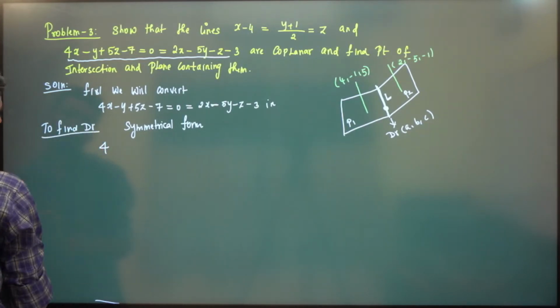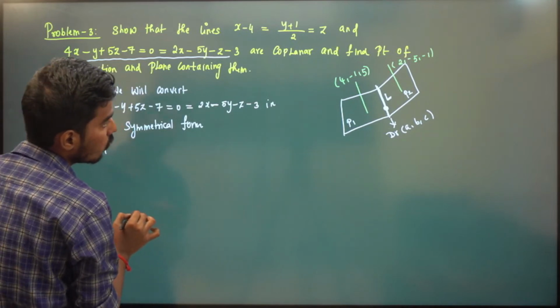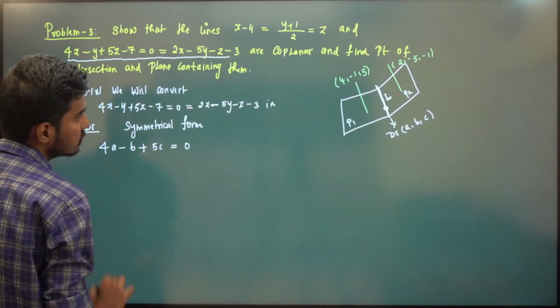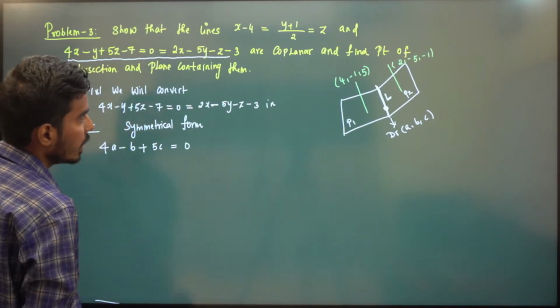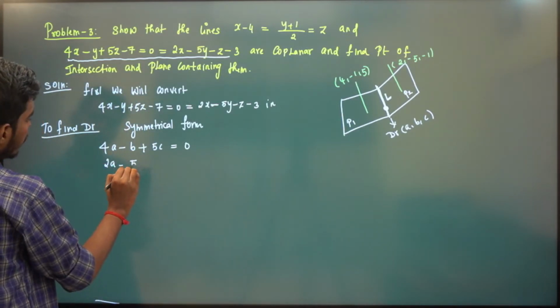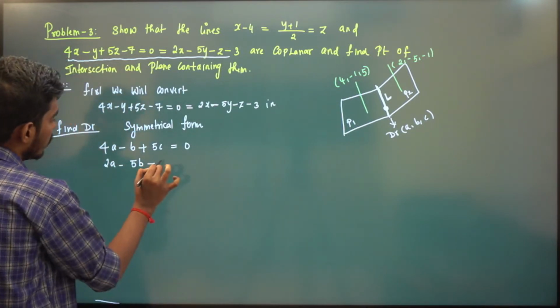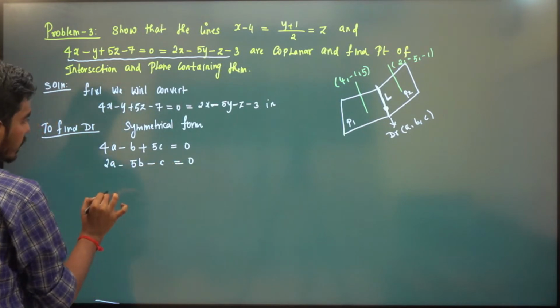So we have 4a minus b plus 5c equal to 0, and 2a minus 5b minus c equal to 0. Now solve for a, b, c.